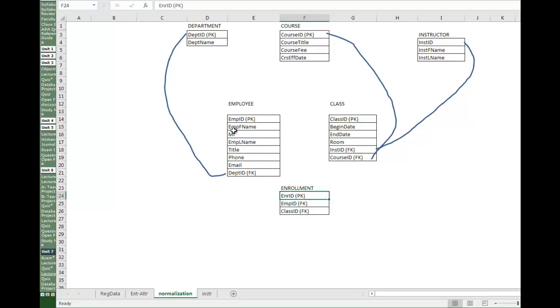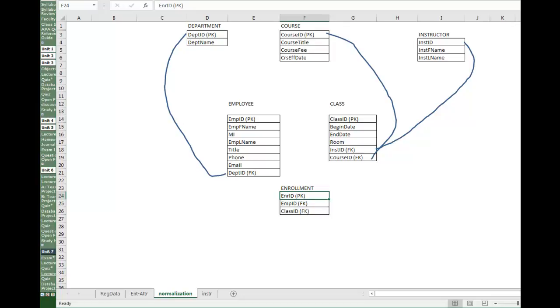In this case, we are not defining that relationship yet, but we are making sure that we have the primary key and foreign key in the tables that we are creating the relationship for.